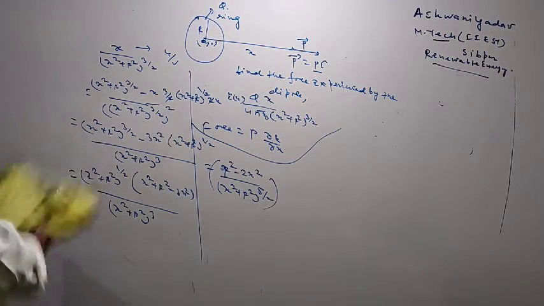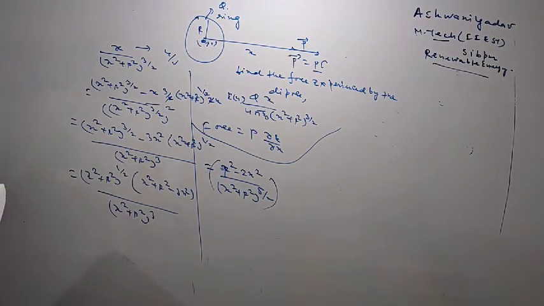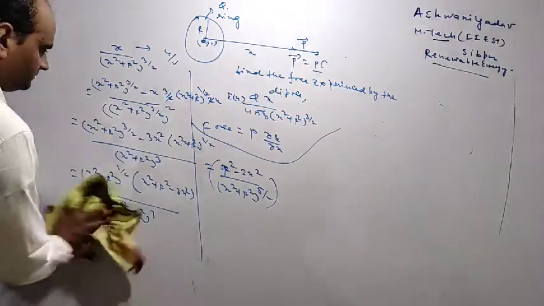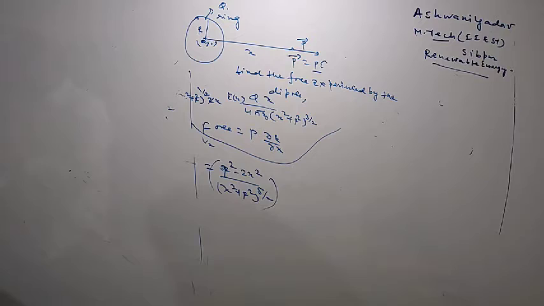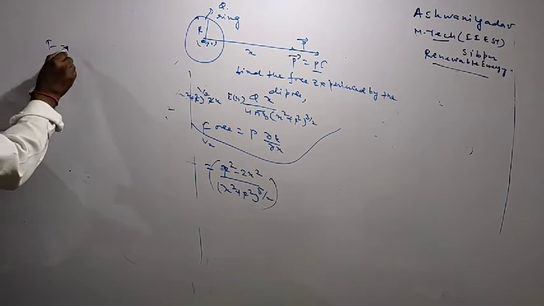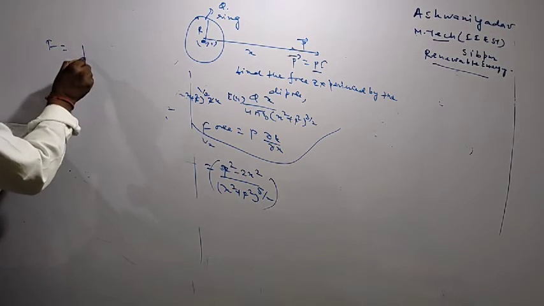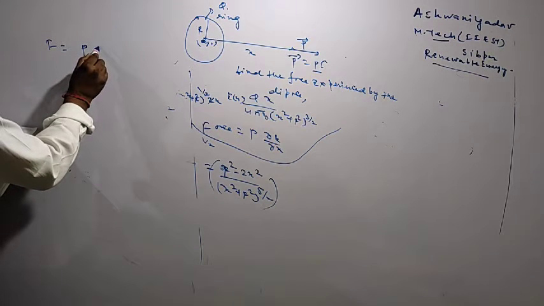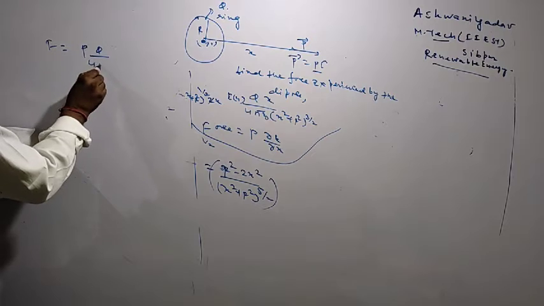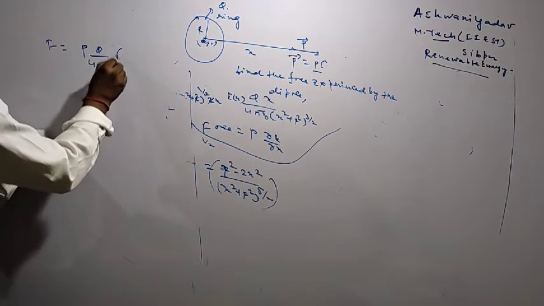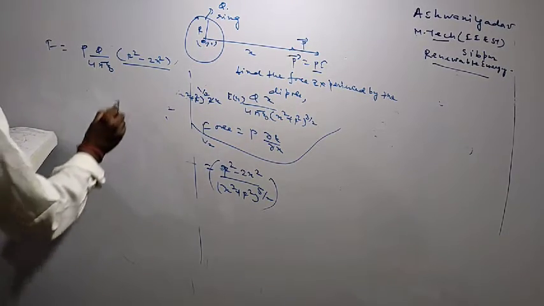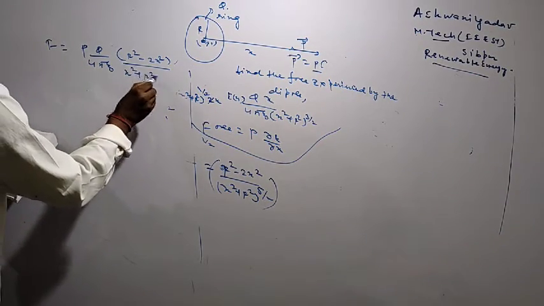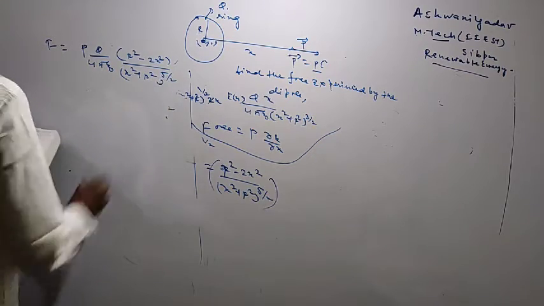Well, now we have the force is the dipole moment P times q by 4 pi epsilon naught, times (r square minus 2x square) by (x square plus r square) to the power 5/2.